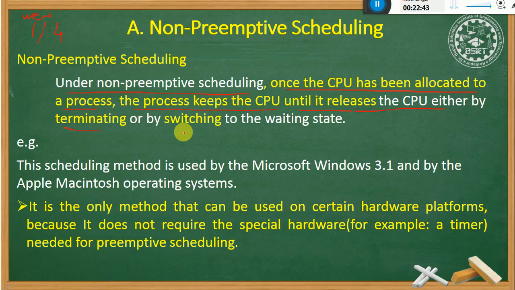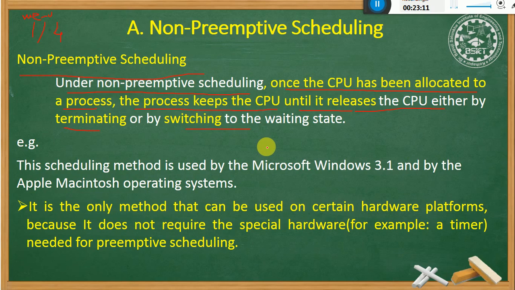Switching from running to waiting happens when I/O devices are required, or when the process is terminated completely. If it terminates successfully, it releases the CPU. Otherwise, if it requires an I/O device, it will release the CPU. That type of scheduling is known as non-preemptive scheduling.